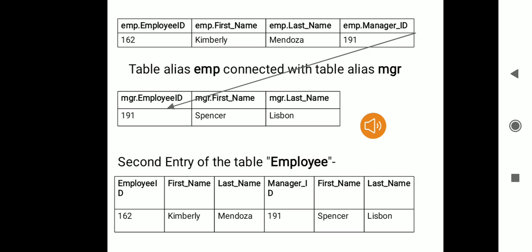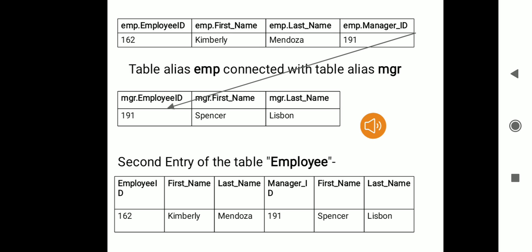Similarly, for emp.managerid as 191, the emp.employeeid is 162. The emp.firstname is Kimberly, emp.lastname is Mendoza, and again for mgr.employeeid as 191, the mgr.firstname is Spencer and mgr.lastname is Lisbon, as pointed by the arrow.